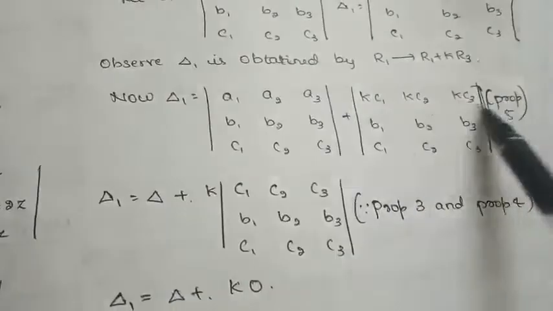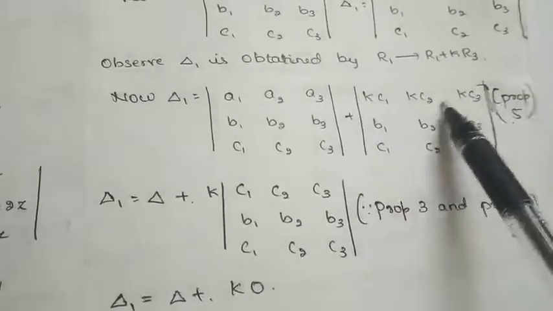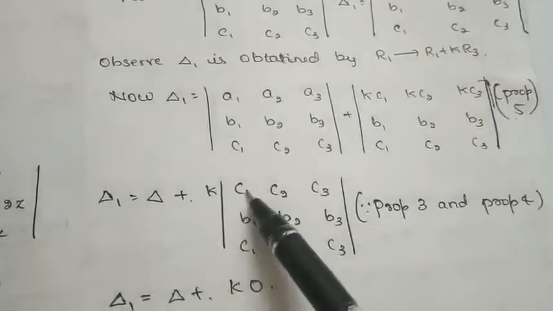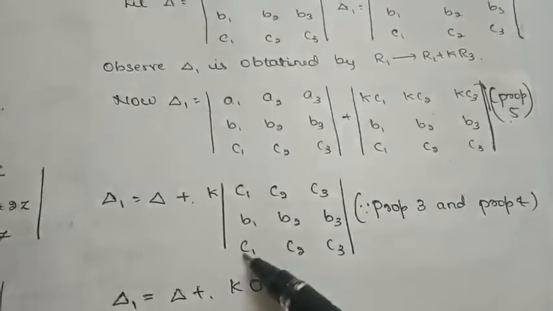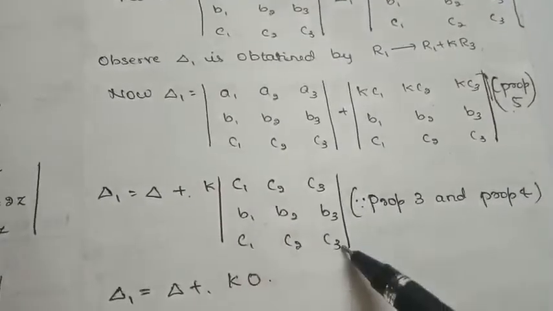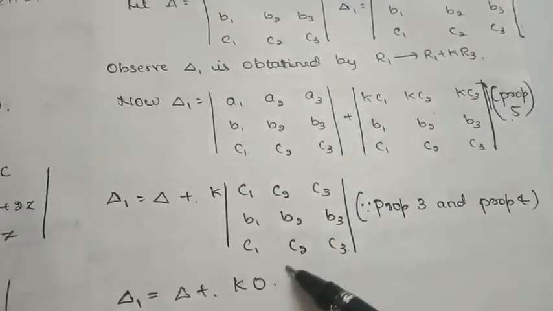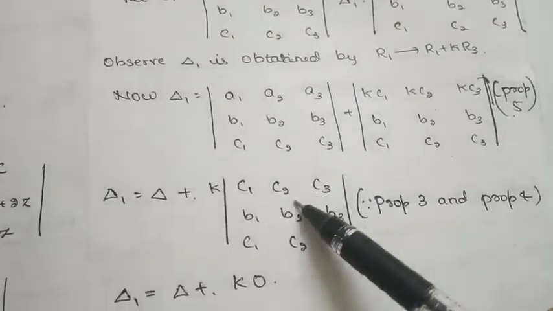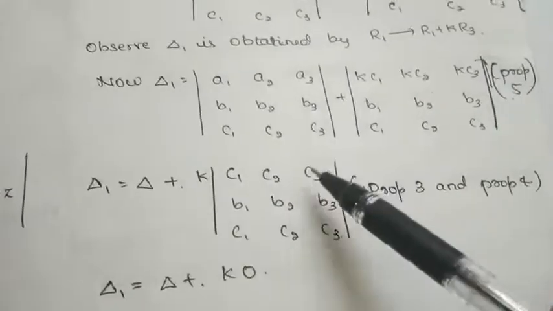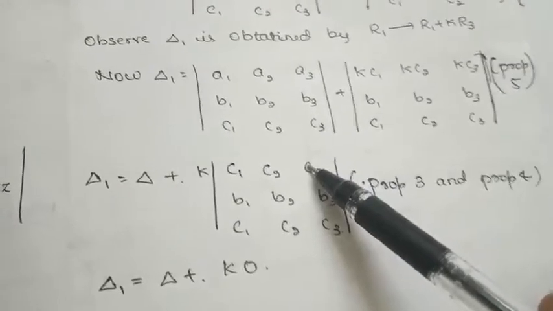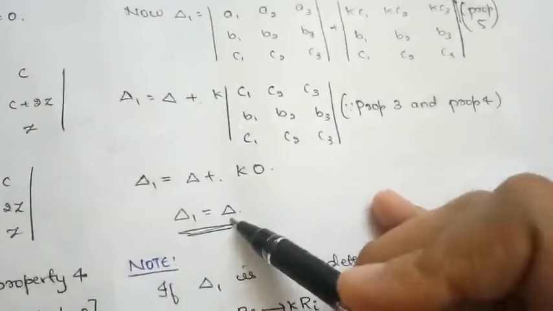After that, there is a common multiple in the first row, that is K. I can take that K common outside, and it becomes C1, C2, C3, B1, B2, B3, C1, C2, C3. You can see here that row 1 and row 3 are identical. By property 3, the value of this determinant is equal to 0. So delta 1 is equal to delta.